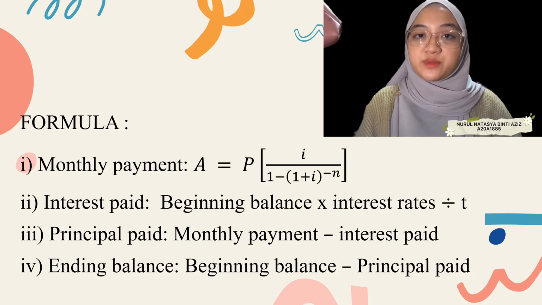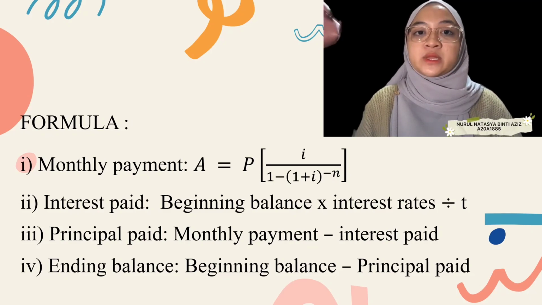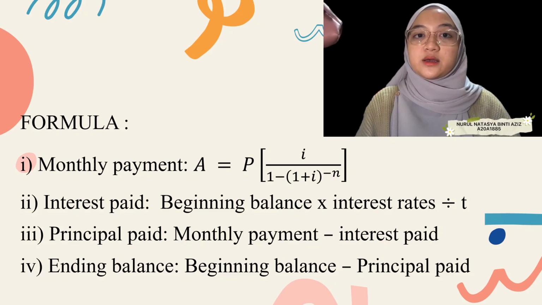For interest paid, we use beginning balance times interest rate divided by T. Next, principal paid is monthly payment minus interest paid. And lastly, for ending balance, we use beginning balance minus principal paid.